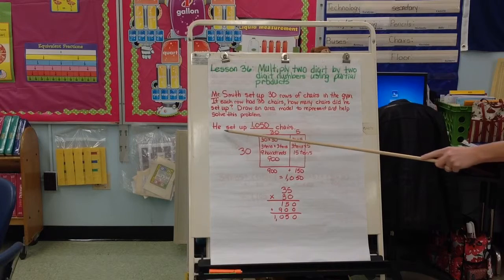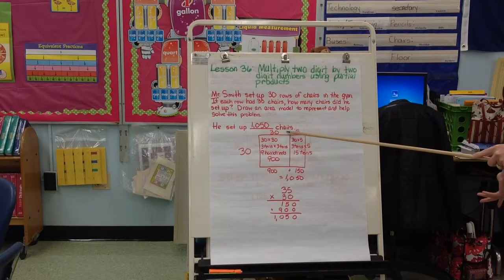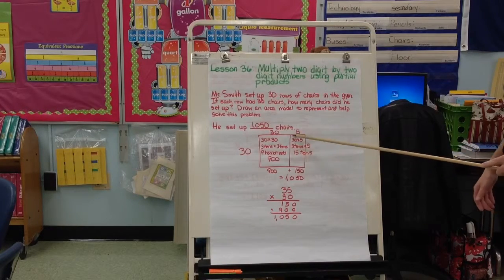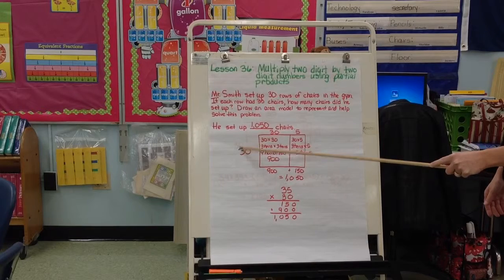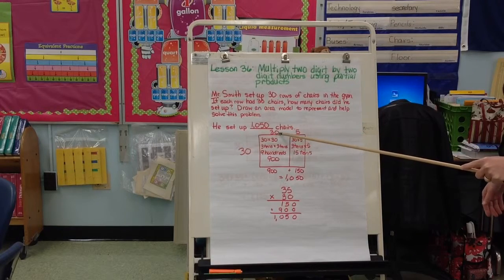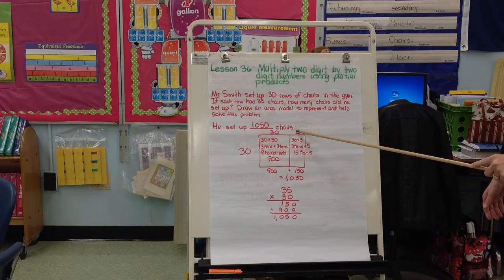So my answer statement is he set up blank chairs. That's what we're looking for. Here's my area model. I have my multiple of 10 along the left-hand side. 35, I can make that into 30 and 5.